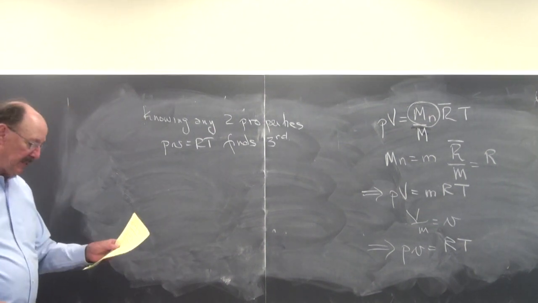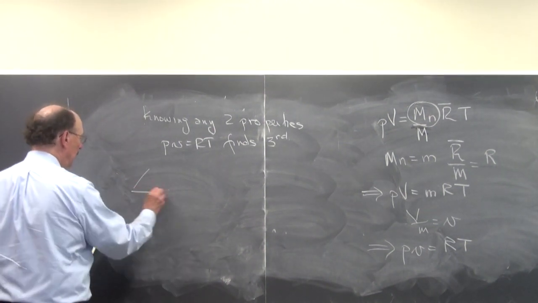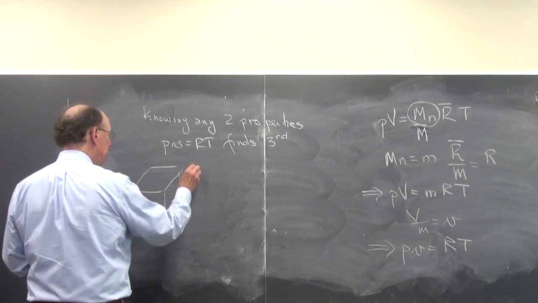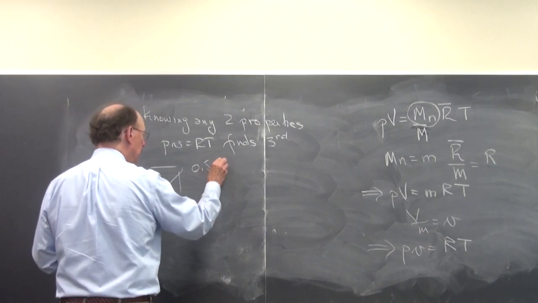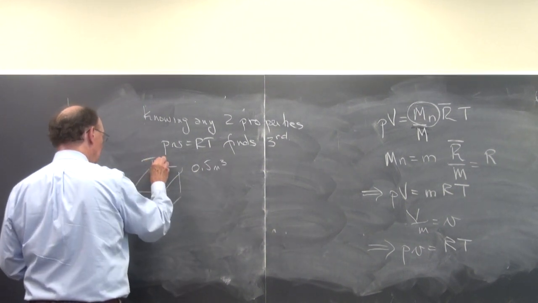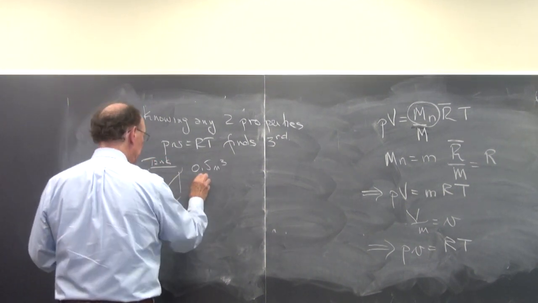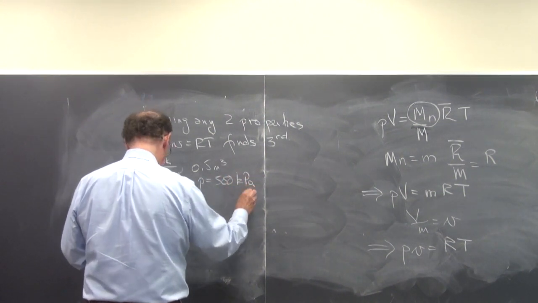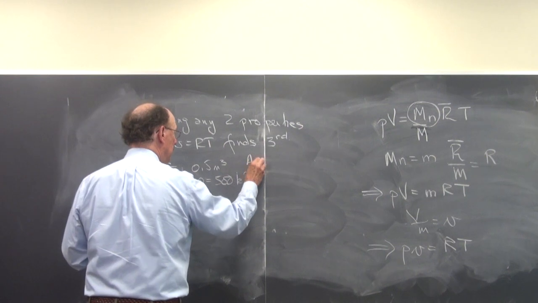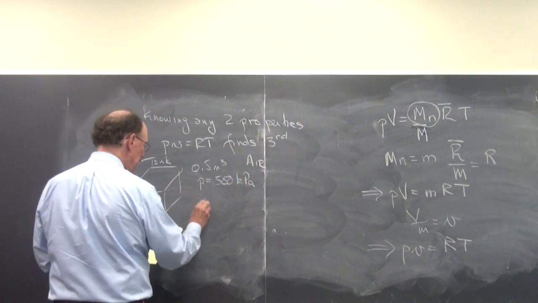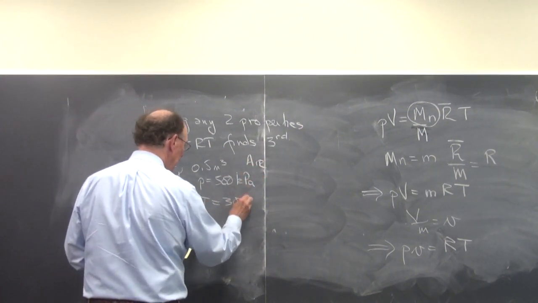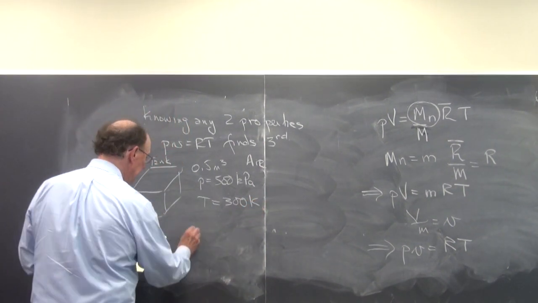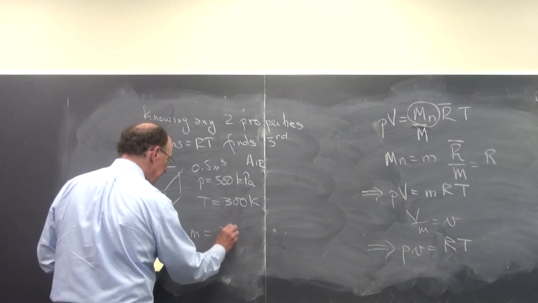So, for instance, if I have a tank, and the tank is 0.5 cubic meters, P is equal to 500 kPa, it's going to be air, T is equal to 300 degrees K, and we want to find the mass, then the mass is equal to PV over RT.